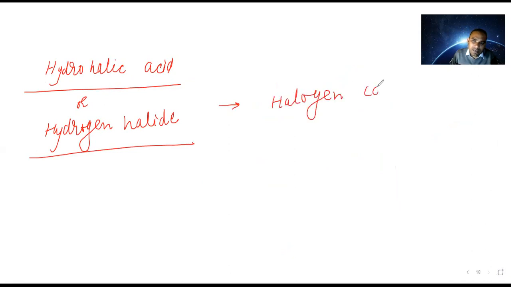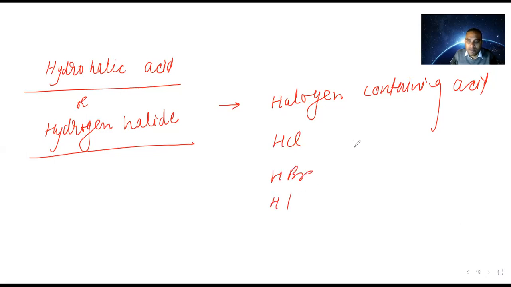You can write HCl, HBr, HI, these are the halogen containing acids. HF is also there. So they are the hydrohalic acids. Can I erase?